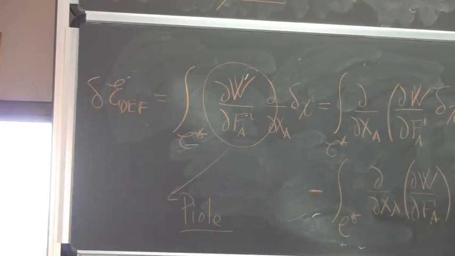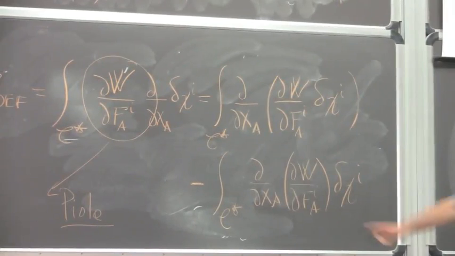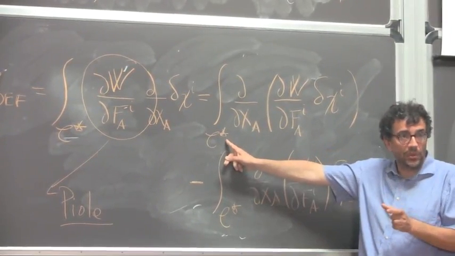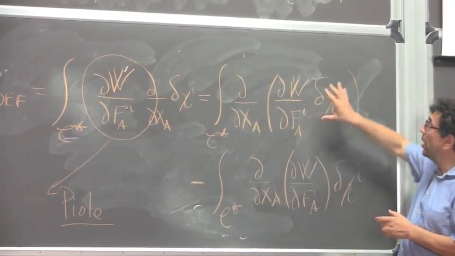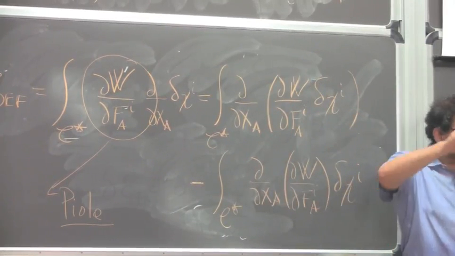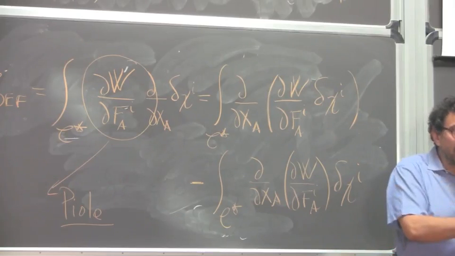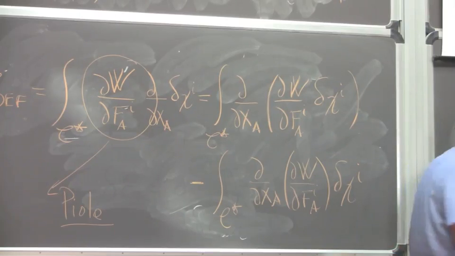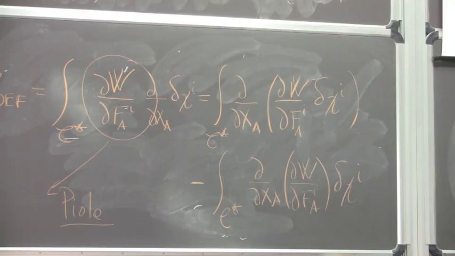Now, I hope that you know Gauss theorem. The integral on a volume of the divergence of a vector is what? Is the integral of the flux of the vector on the boundary of the domain. Remember, integral of div of a vector field on a domain V is equal to integral on the boundary of V of the field dot n.